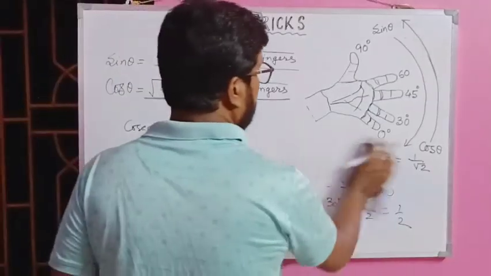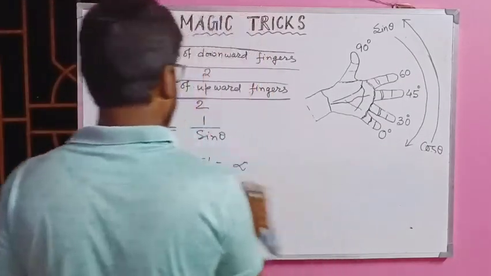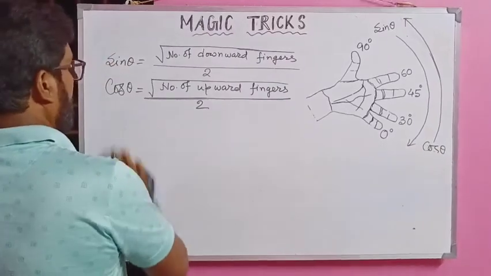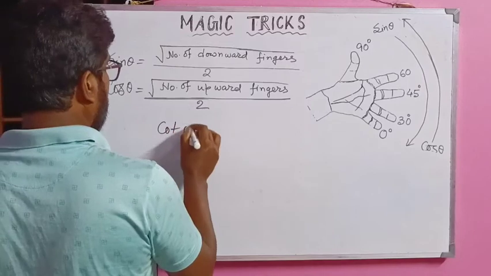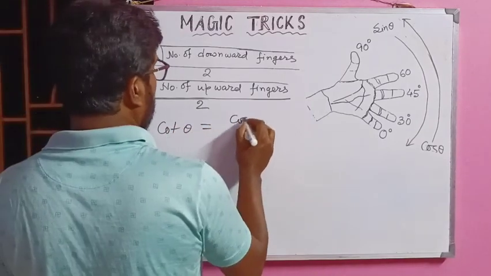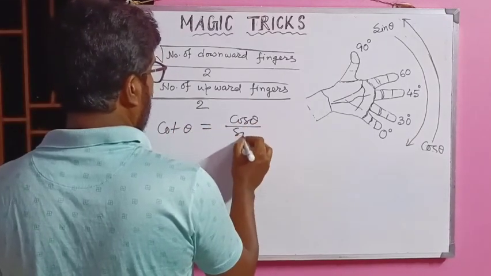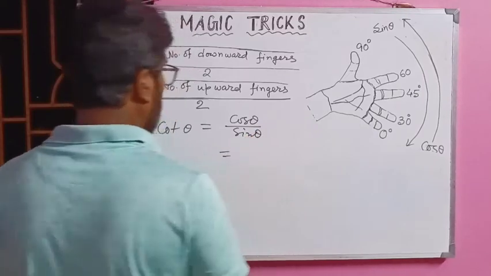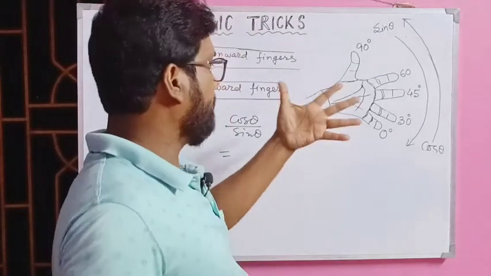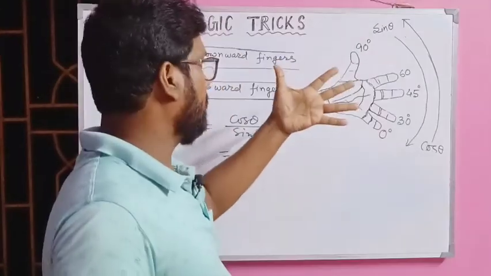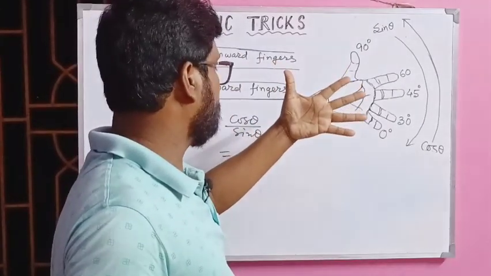Now we can calculate the value of cot theta. How can we calculate the value of cot theta? We know cot theta equals cos theta by sin theta. Then we put our left hand in this manner, like this.